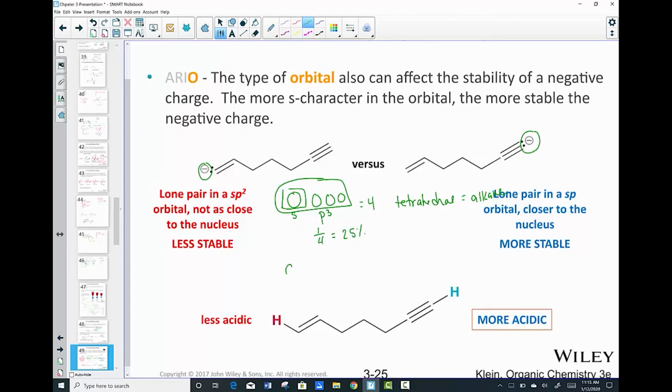What if I had sp2? Here's an s, p2. I could say that's p3, but I should have written maybe spp. spp is sp3. But now look. This would be 3 domains. It's trigonal planar.